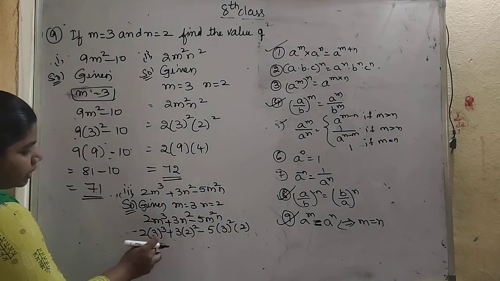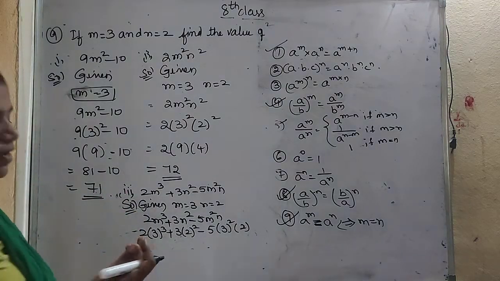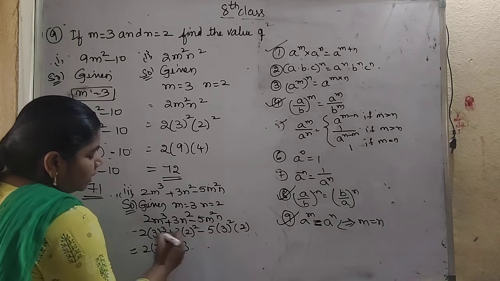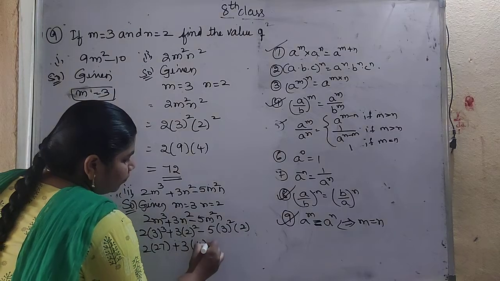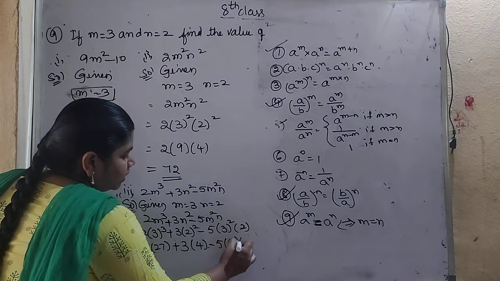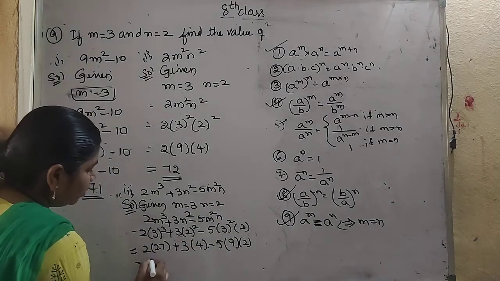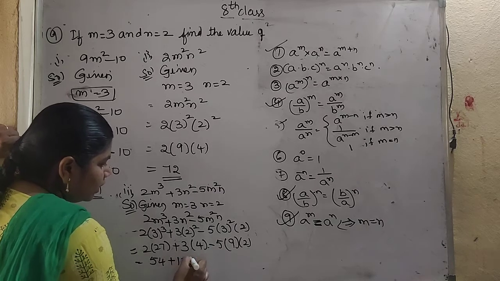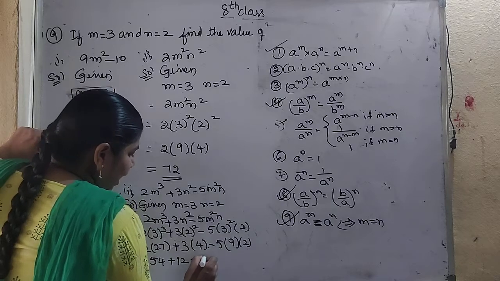So if you multiply 3 3 times, 3 3s are 9, 9 3s are 27. So it will be 27 plus here 3 as it is. 2 if you multiply 2 times, that will be 4, minus 5 into 3 square will be 9 into 2. Now 27 2s are 54 plus 3 4s are 12 minus 9 5s are 45, 45 2s are 90.